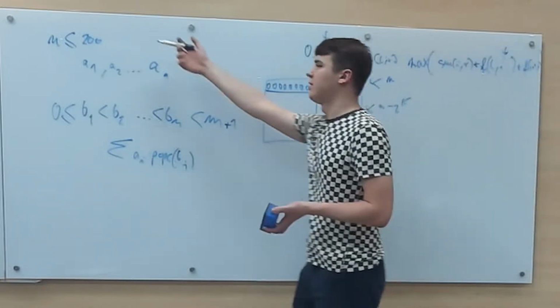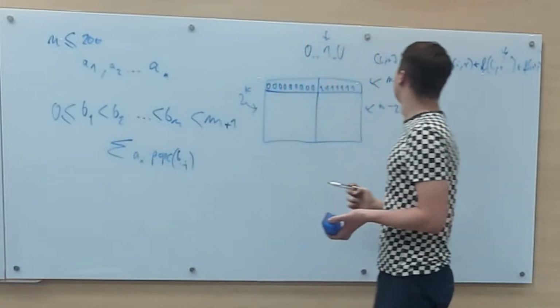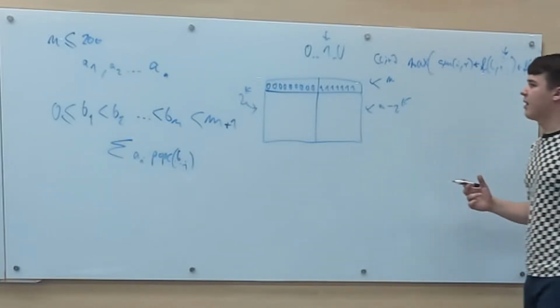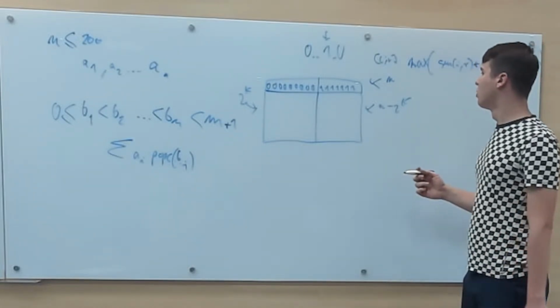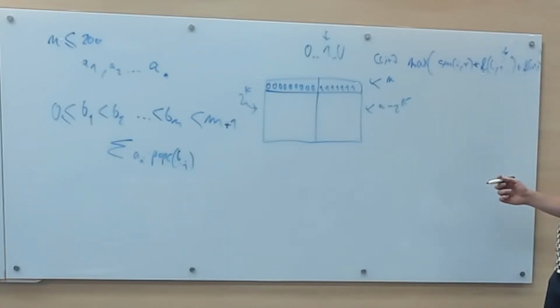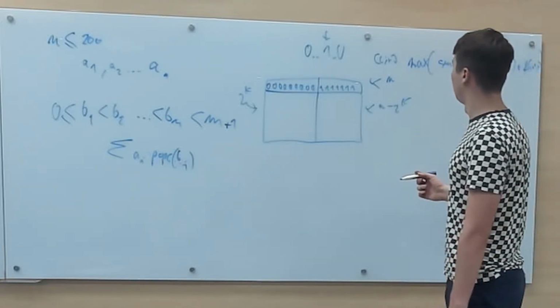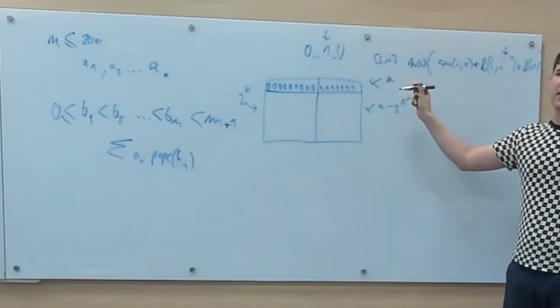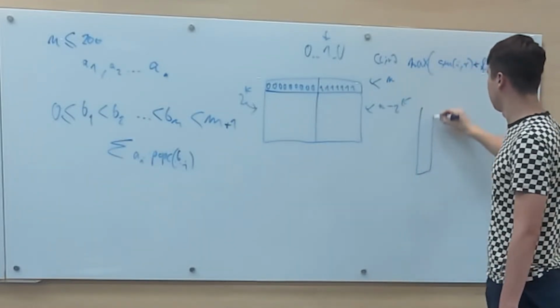N is up to 200, and we also need to think about what bounds are ever achievable here. What bounds will we ever demand from this recursion? My claim is that all those bounds are either, because we are starting with m as a bound, so let's write this m.